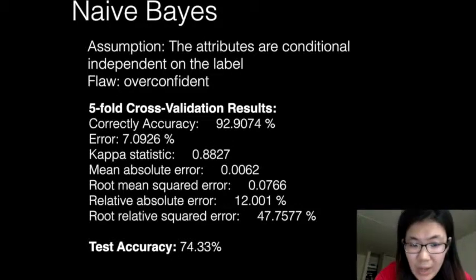The root mean squared error is 0.0766. The relative absolute error is around 12%, and the root relative squared error is around 48%.